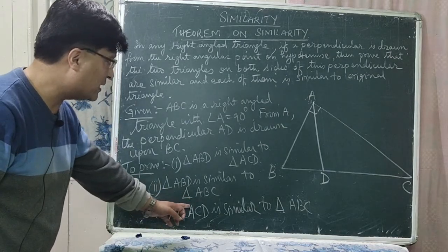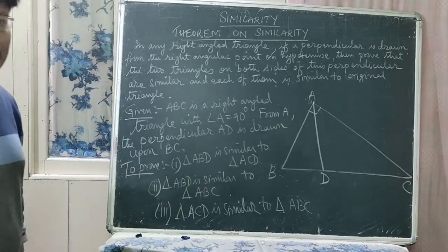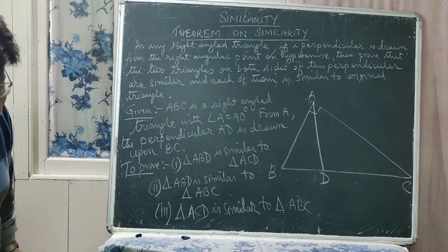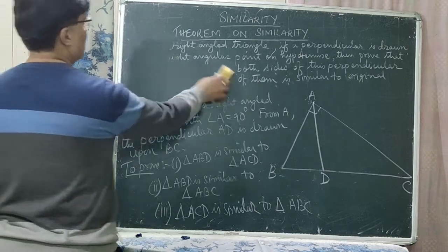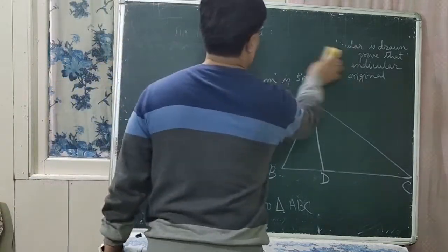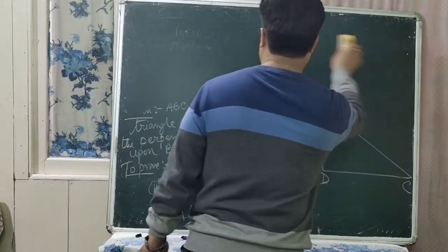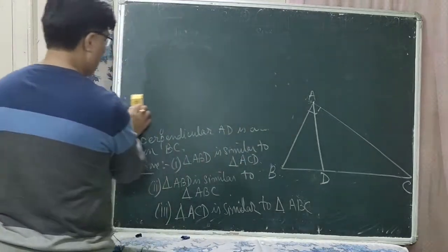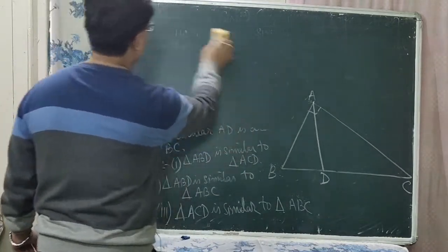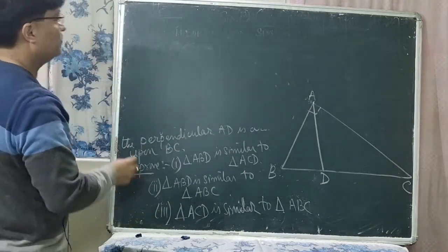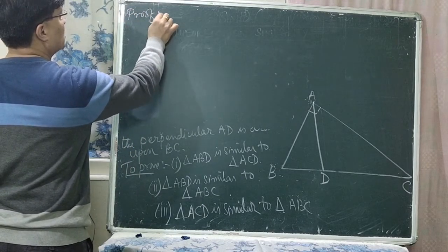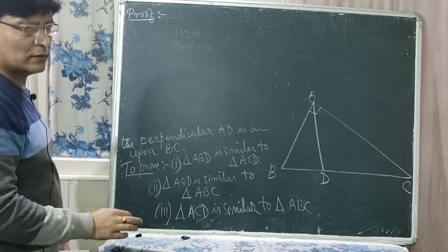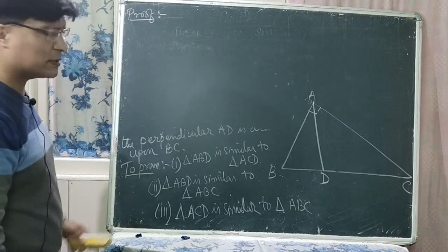And number 3, triangle ACD is similar to triangle ABC. Okay, now we will prove it, right? Now, proof. So no need of construction out here. So how will you prove this?